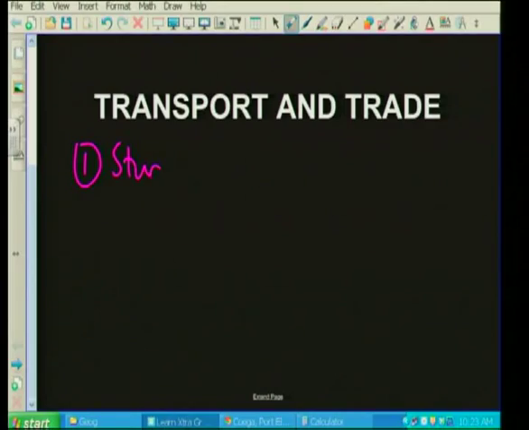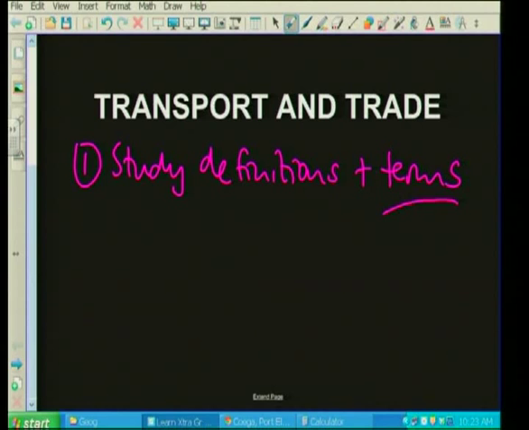So if we kick off then, let's have a look at our first screen over here. To understand trade and transport effectively, just like our other sections that I spoke about last time, one of the first most important things you need to focus your attention on as you're studying is to study your definitions and your terminology very carefully. Remember, this is a section where the words or the jargon that we use in this part of human geography is very specific.